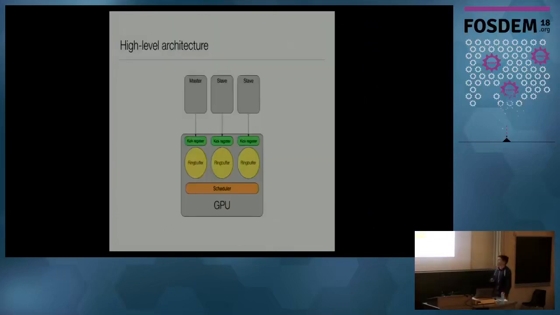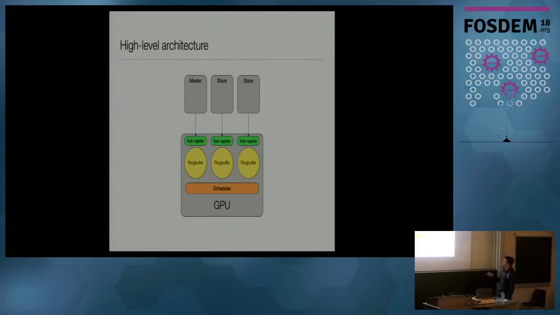So from a high-level architecture, the picture looked like this. You had to have a sort of master unit or master virtual machine which does all the boilerplate to set up everything. Then you can spawn slave VMs which get a piece of shared memory, and they get their own ring buffer and kick register on the GPU where they can store their data and shader programs.